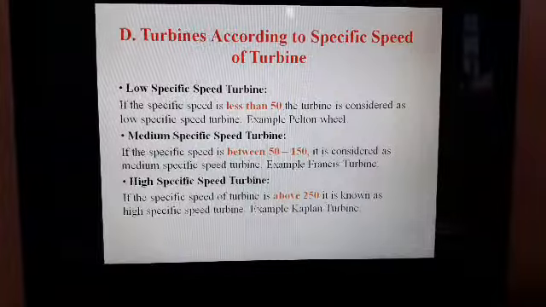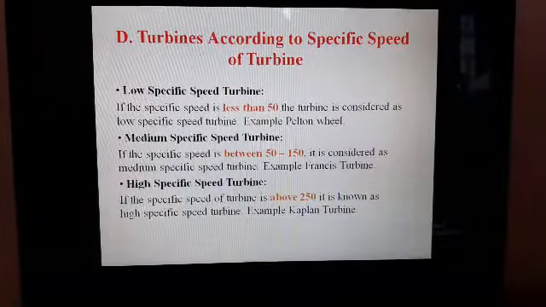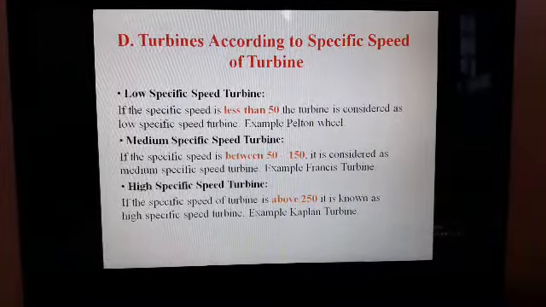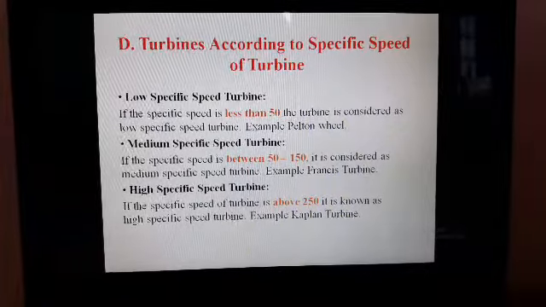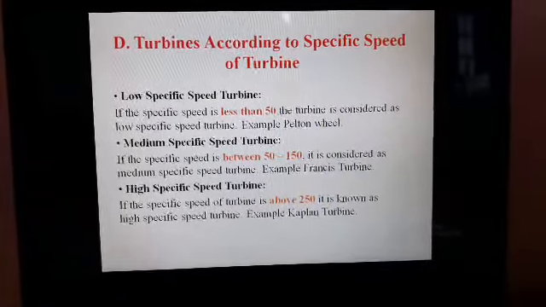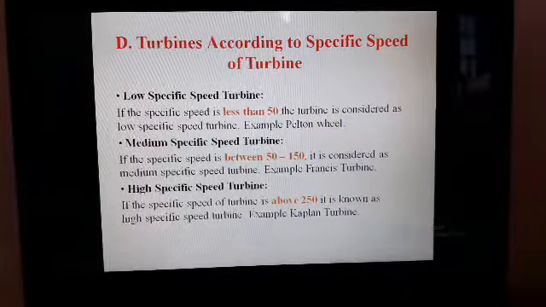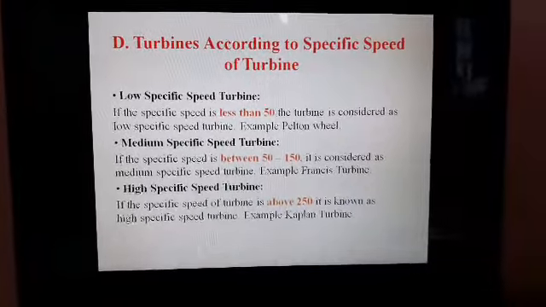In the medium specific speed turbine, the specific speed lies between 50 and 150. So Francis turbine is a medium specific speed turbine. In the high specific speed turbine, the specific speed generally lies above 250. In this category, Kaplan and propeller turbines are considered.